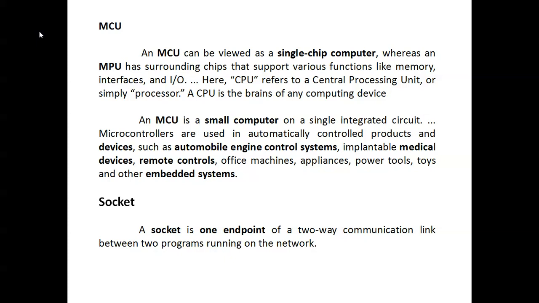So MCU, a single chip computer, means a small computer on a single integrated circuit. Microcontrollers are used to automatically control product devices: the automobile engine control system, implantable medical devices, remote controls, office machines, appliances, power tools, toys. So these are other embedded systems.